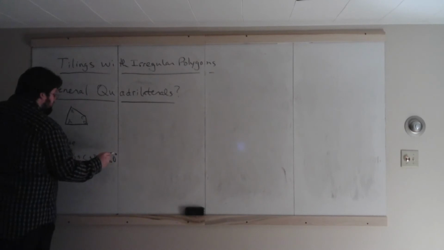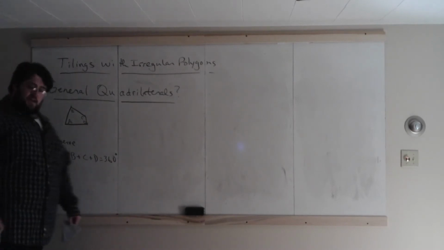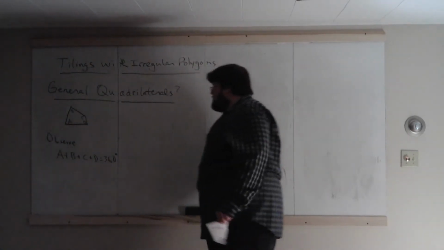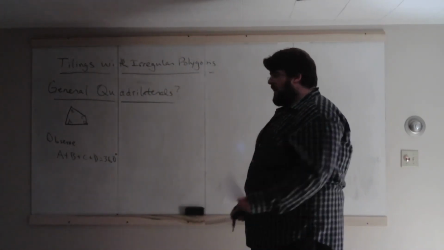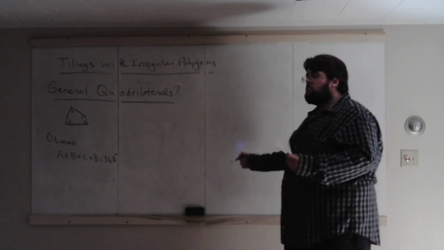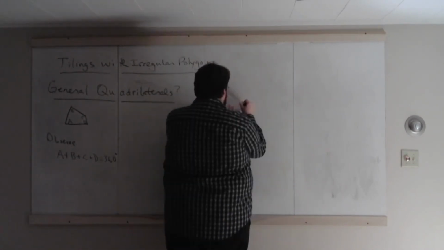So A plus B plus C plus D, those are the four angles, add to 360 degrees. Well, that observation and a small amount of cleverness are all we need to use that quadrilateral to fill in the plane. Now, what do I mean by that? Well, let's draw one of them.